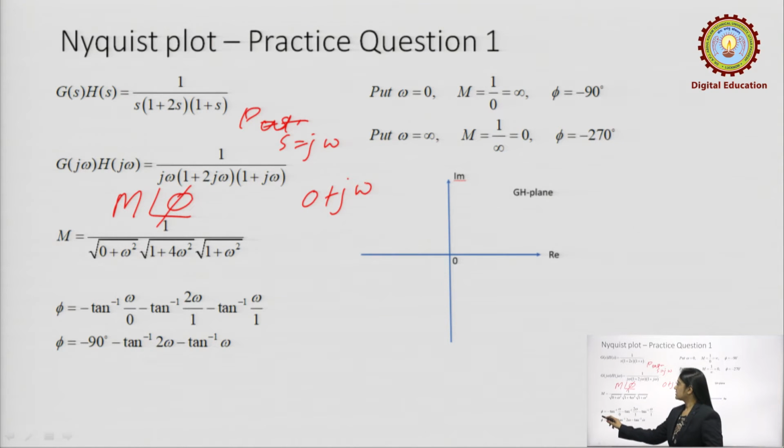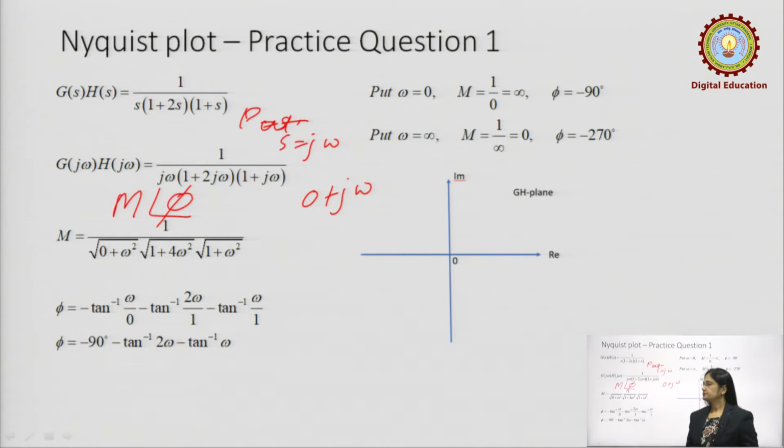And what is the phase angle? The phase angle of 0 plus j omega, since we are writing it in the denominator, will be minus tan inverse omega upon 0, which is nothing but minus 90 degree, because if we have a complex value x plus j y, then the angle is tan inverse of imaginary upon the real value.